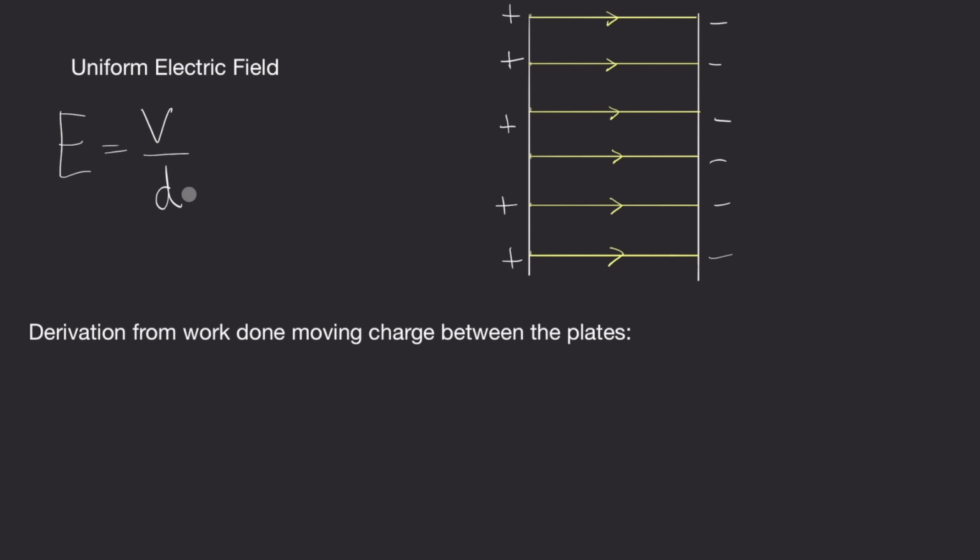Remember, the magnitude of the electric field strength is just equal to force divided by charge. So this entire left-hand side is just the electric field. So we know that the voltage gap divided by the distance is equal to the electric field. And this is where the equation that electric field is equal to voltage over distance actually comes from. V is just the voltage between the plates, in other words, the voltage gap.